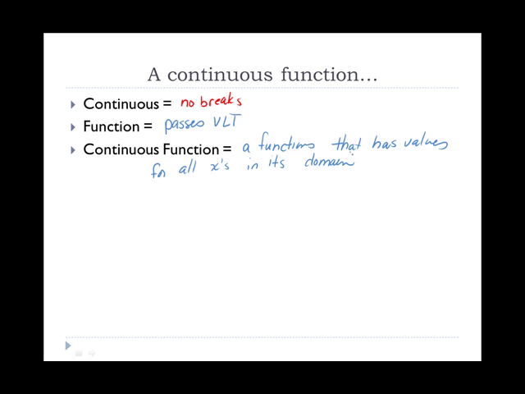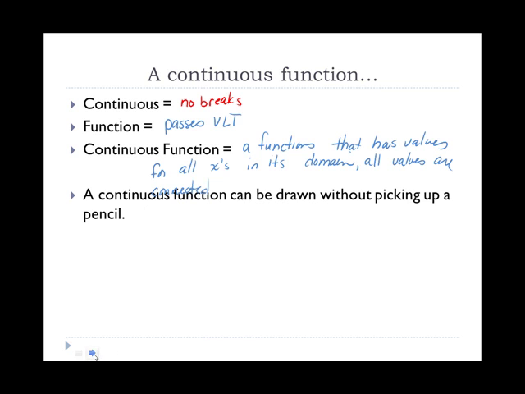Okay, and that all of those values are connected. So we like to say that you can draw a continuous function without picking up your pencil. So that sounds real mathematical, but that's really all it is: can I draw the function without picking up my pencil, so that there are no holes and no asymptotes to jump over.